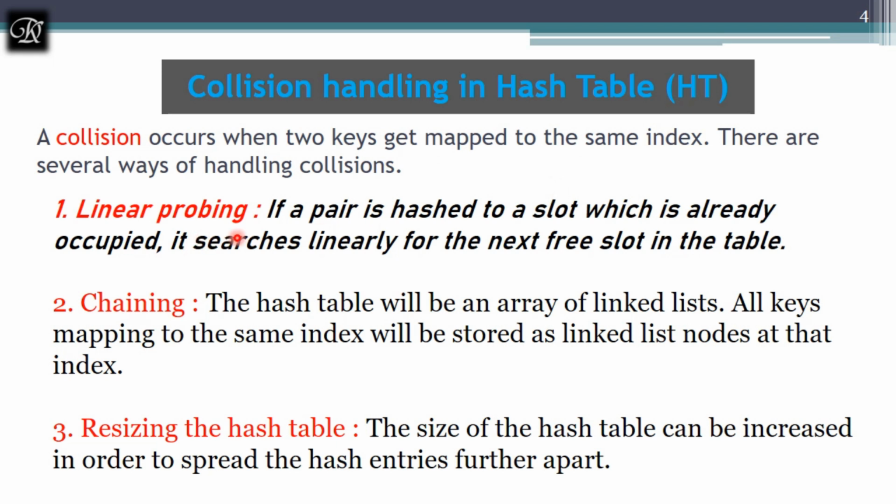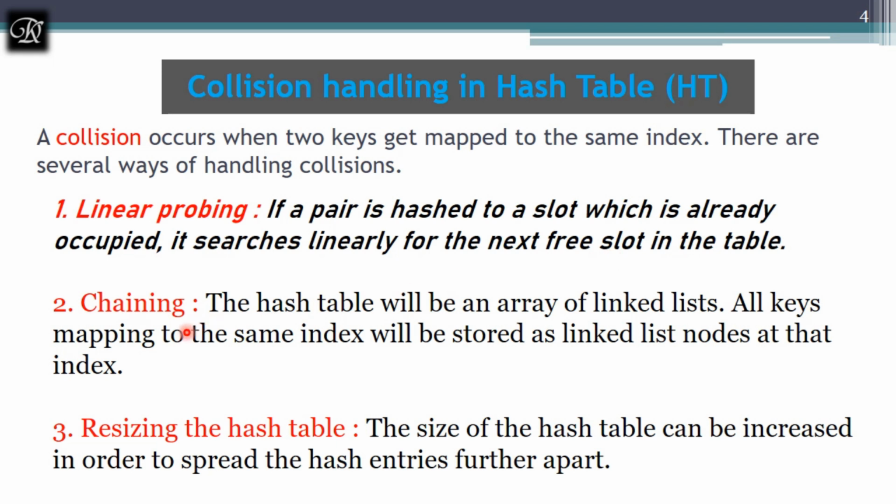One is linear probing. If a pair is hashed to a slot which is already occupied, it means a collision occurred. It searches linearly for the next free slot in the table. If there is a free location, it allocates that location for the key.